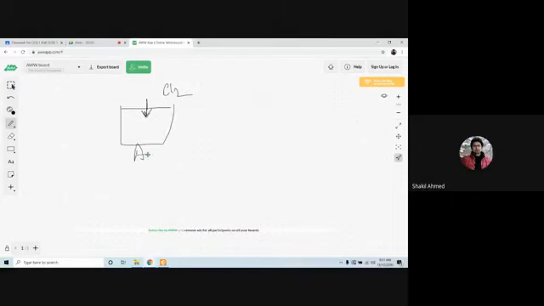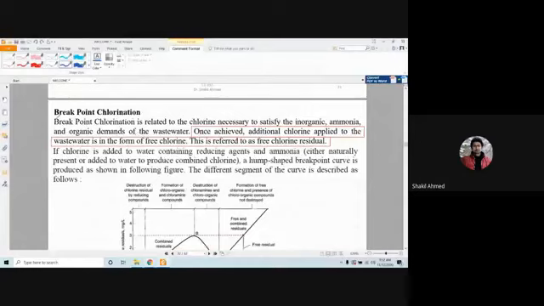For example, sample A, sample B may have another concentration. It may be more polluted, it may be less polluted. So the chlorine dose required in sample B is not the same as the chlorine dose required to treat sample A, right? Yes, sir. So we need to know how to do this, and we will do it using breakpoint chlorination. Okay.